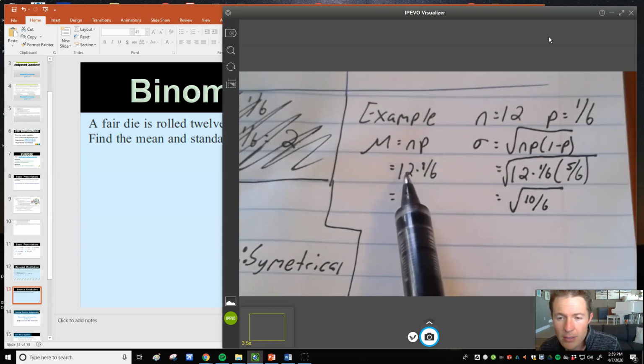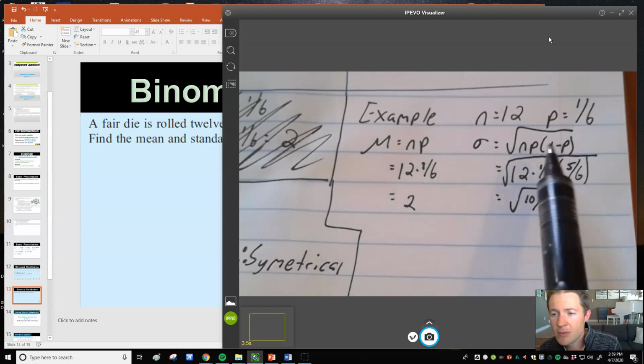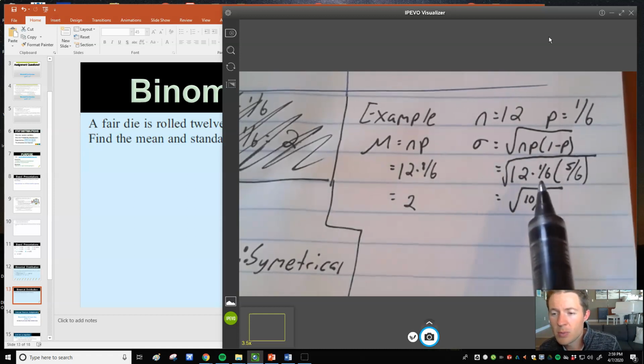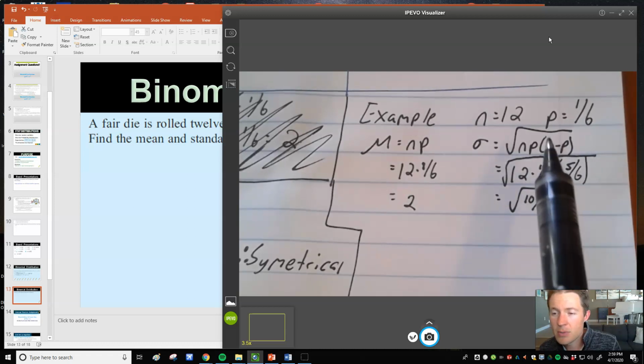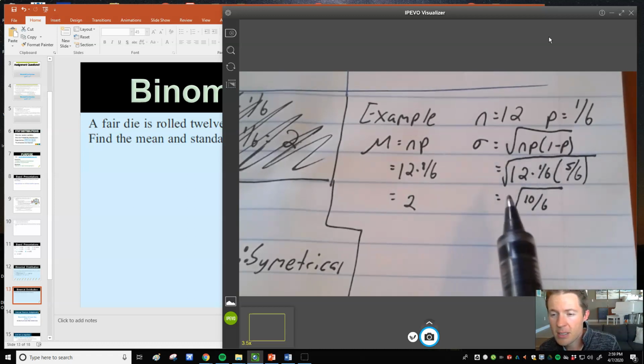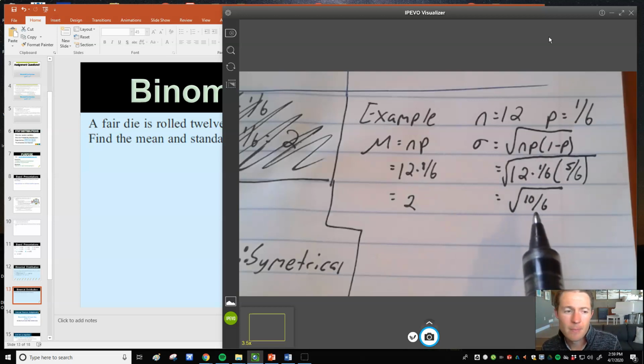We're taking 12 trials. Probability of that is 1/6. Therefore, our expected outcome, or our mean, is 2. Standard deviation, just here's the equation for it. Plug in what you know. 12 times 1/6, which is 2, times 1 minus 1/6, 5/6, and you'll get the square root of 10/6.